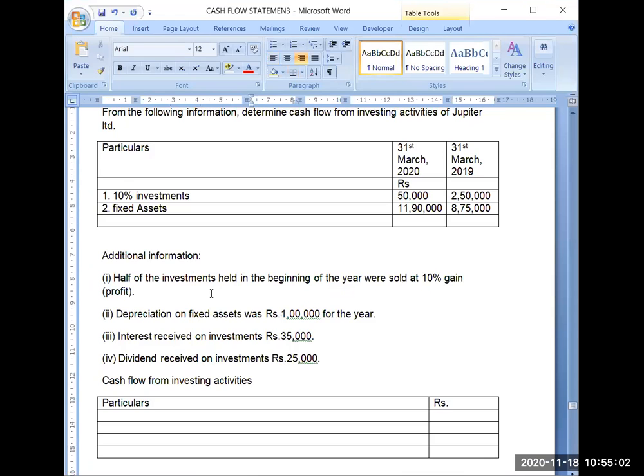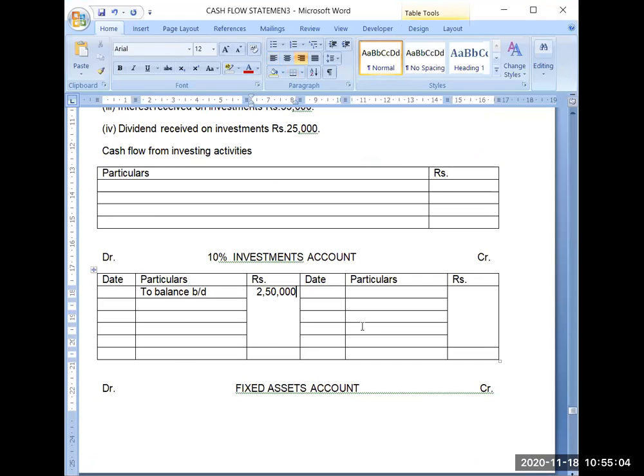And closing balance is 50,000. So we will write here closing balance, by balance carried down, 50,000.